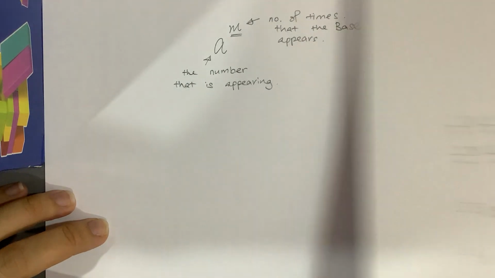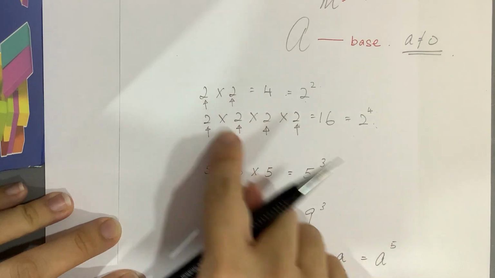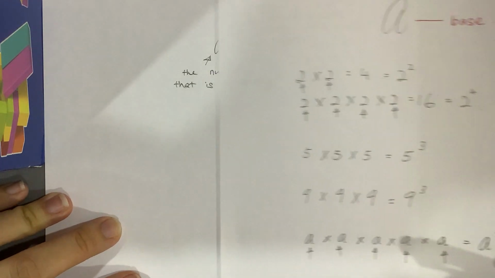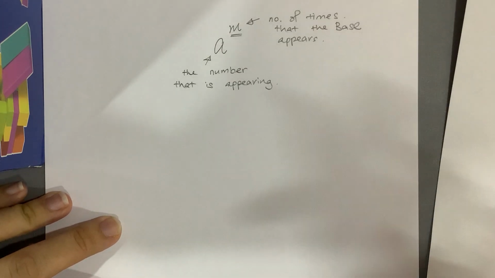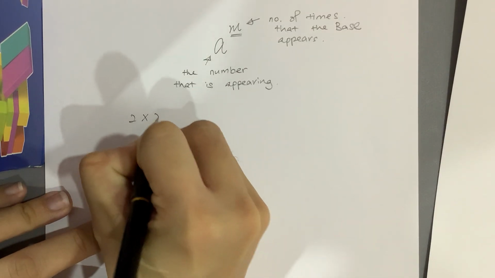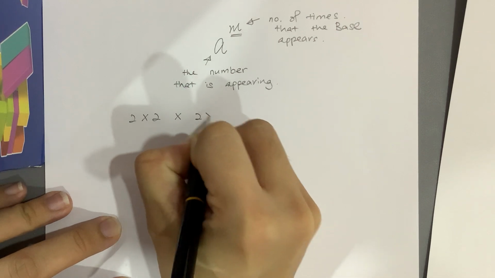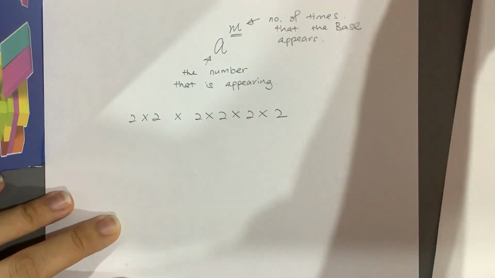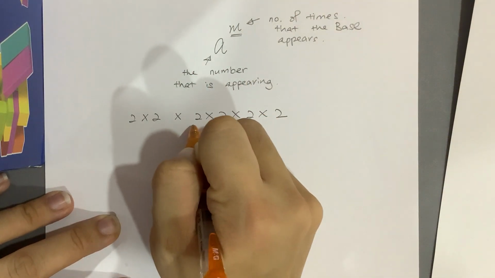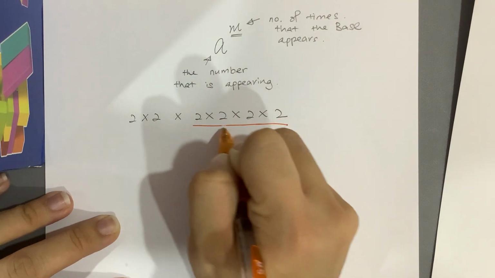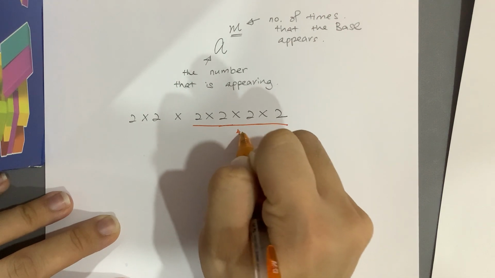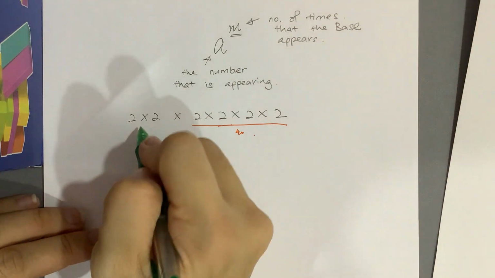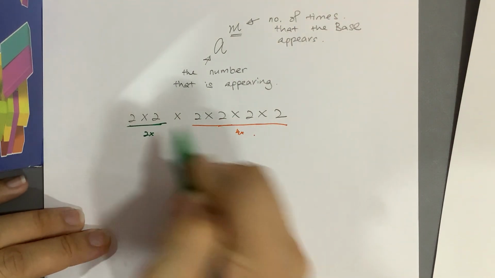If we refer back to this, what does it mean? It means that the number 2 appears 6 times. If we have 2 times 2 times 2 times 2 times 2 times 2, over here it appears 4 times, and over here it appears 2 times.